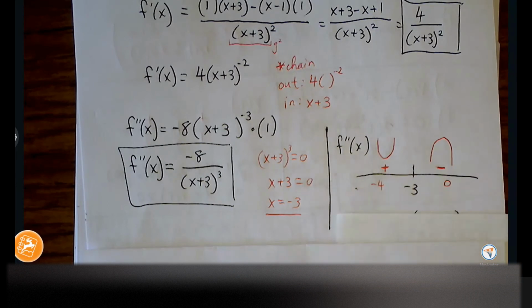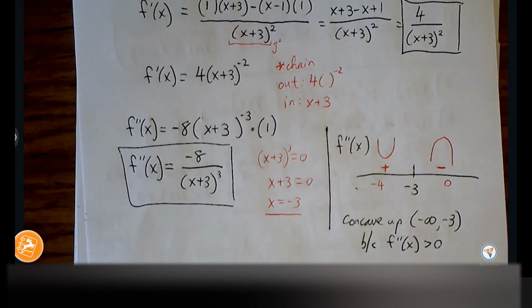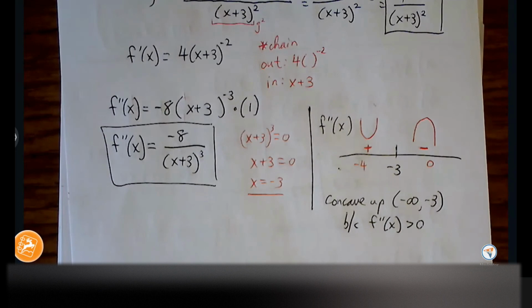So from negative infinity to negative 3 is concave up, and our reasoning is because f double prime is greater than 0. Okay, any questions?